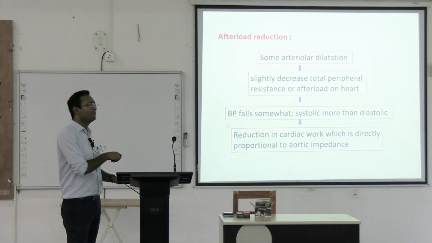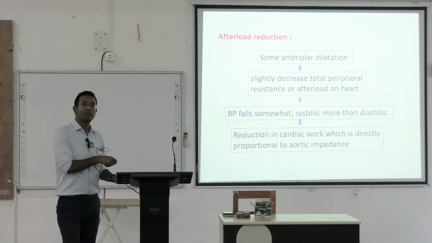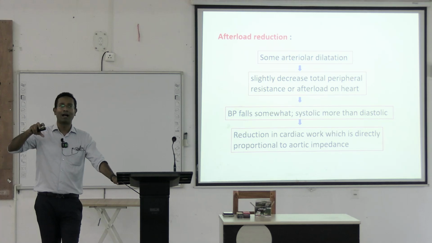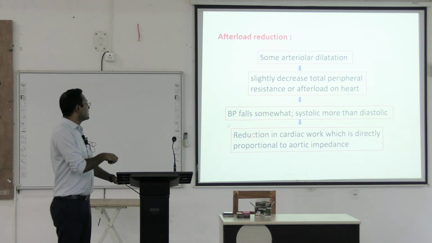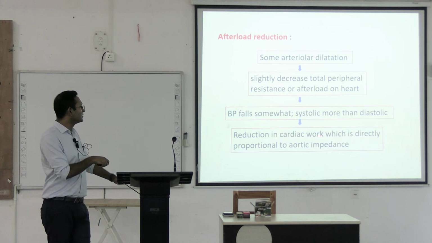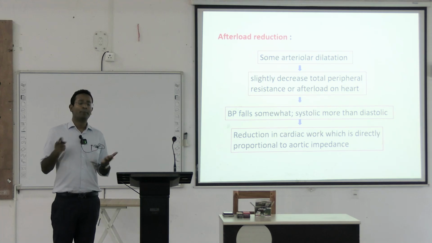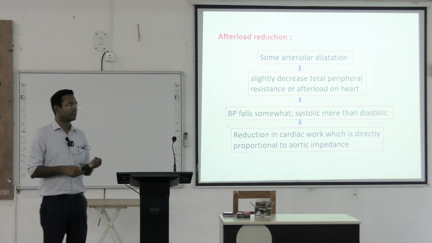So, there is a fall of BP because there is decreased afterload. Systolic is more reduced than diastolic because the heart has to work less to pump the blood into the peripheral circulation. So, there is a reduction in cardiac work, which is directly proportional to the aortic impedance. But the main action of nitrates is the preload reduction.